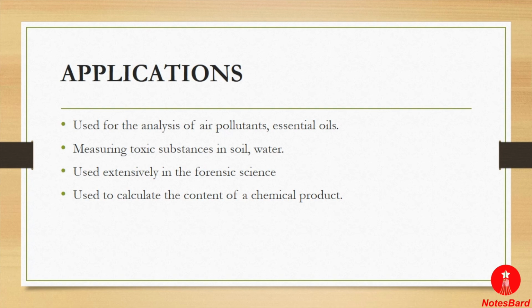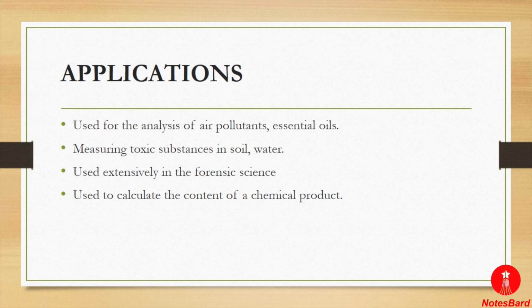Another application of gas chromatography is its extensive use in the field of forensic science. It is used for solid drug dose identification and quantification, paint chip analysis, different toxicology cases and some crime scenes, and in various other functions.